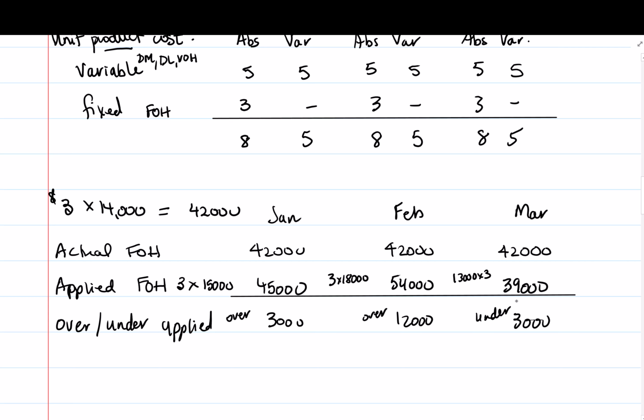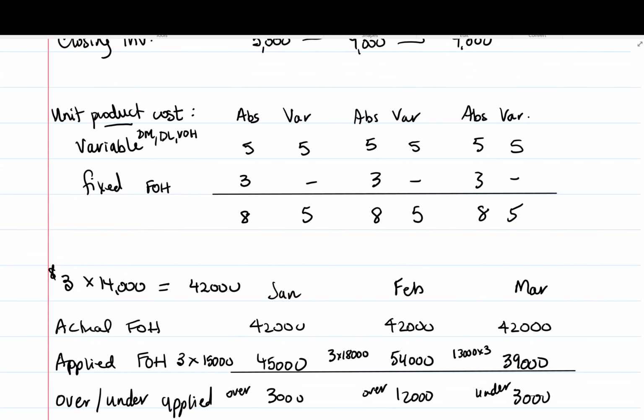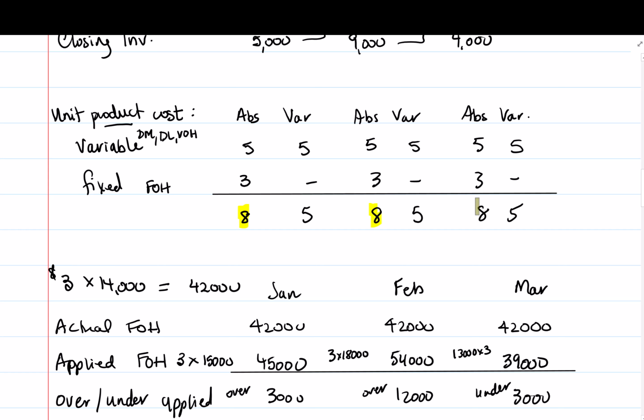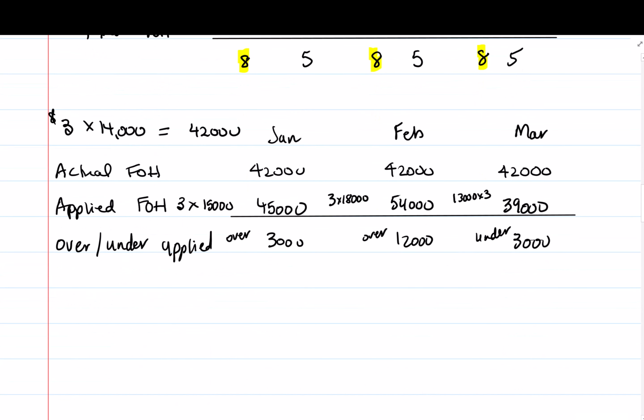But the $3 of fixed overhead is just going to be in inventory for the product. The product cost of the items on the balance sheet and right now in the income statement, if you're doing absorption costing, is going to be based on the $8 because we're applying the $3. And then the question said any over or under applied is in essence closed to cost of goods sold every month.